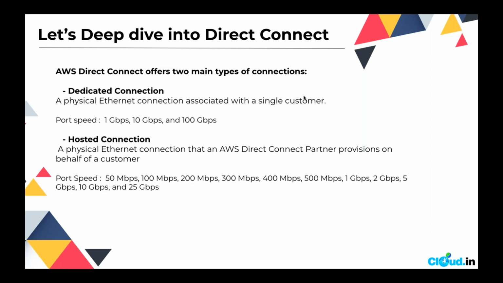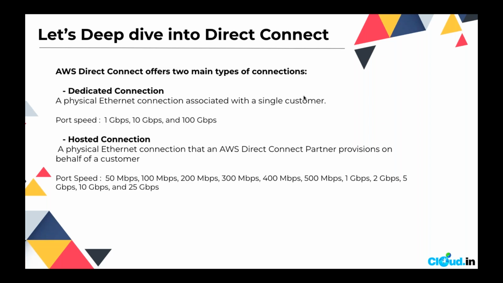The dedicated connection, as the name suggests, is completely dedicated to the customer. You have a physical Ethernet connection associated with a single customer, and customers can request a dedicated connection through the AWS Direct Connect console, using the CLI or an API. The capacity for this connection is available from 1 gigabit to 100 gigabits.